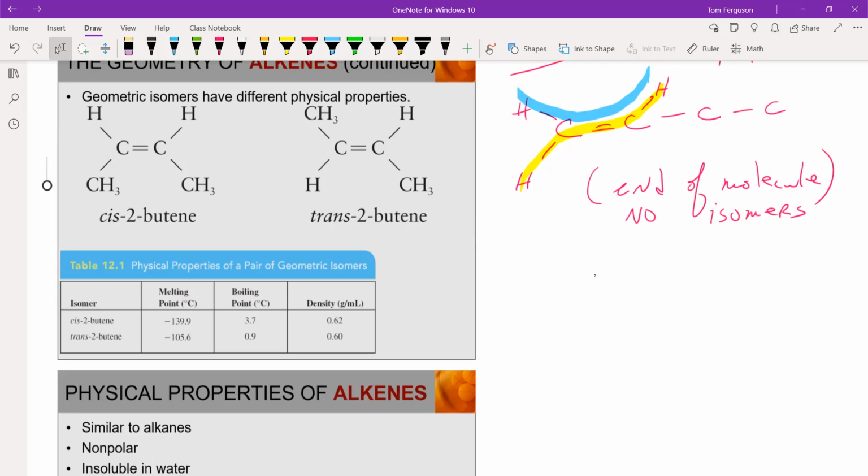Many of you have heard of MSG, right? Monosodium glutamate. Glutamate is an amino acid. It's called glutamic acid. And it comes in two forms, D and L. Now, amino acids, the natural ones are the L form.